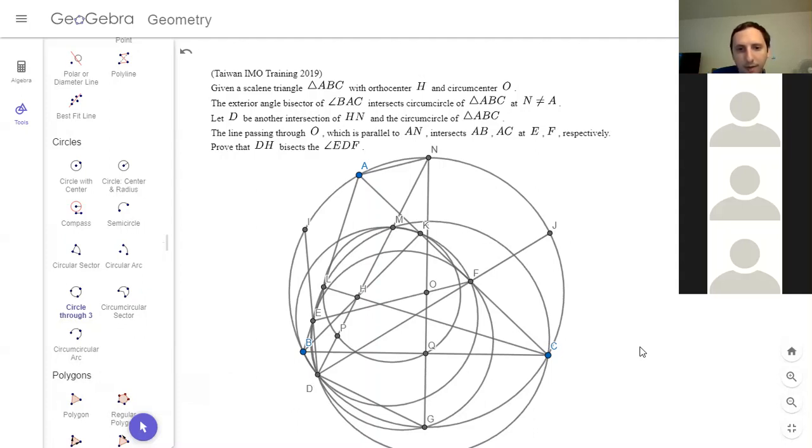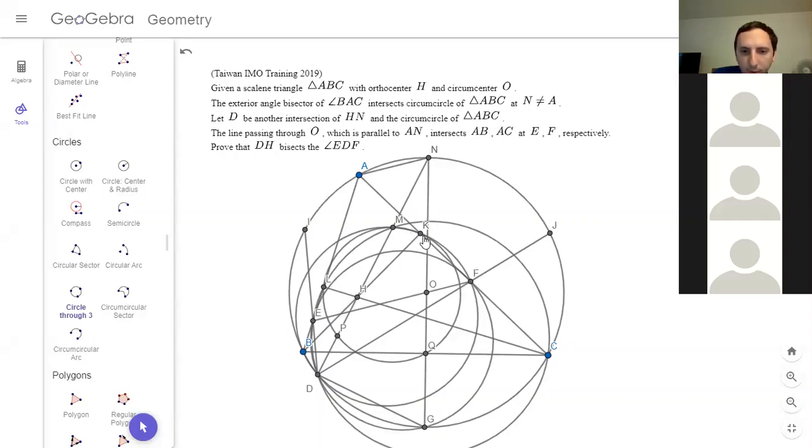DL. That's power of a point because the reflection of H across AB is on the circumcircle. So you could show that DLMC is cyclic. But after that, how do you prove it? Because once we know that DLMC is cyclic, then DH times HM is HL times HC is HB times HK. So then DLMK is cyclic.